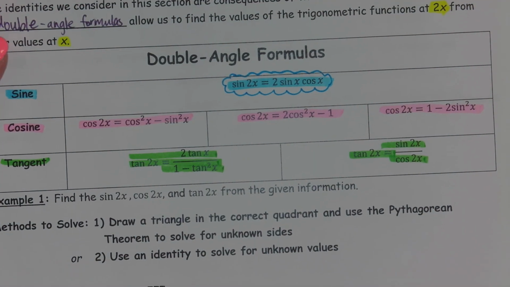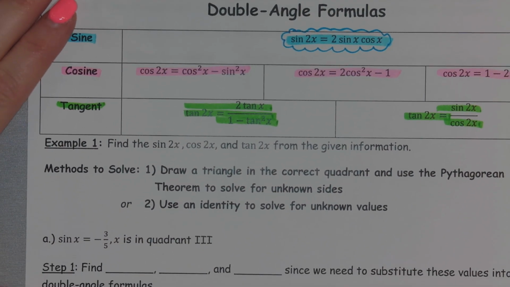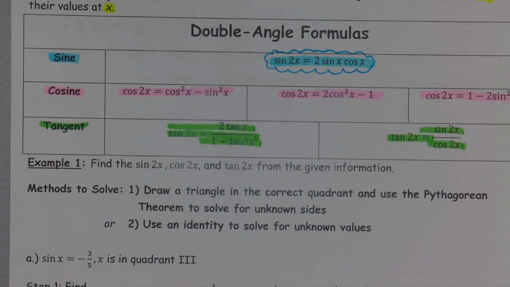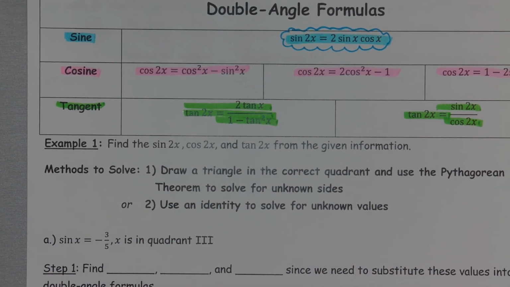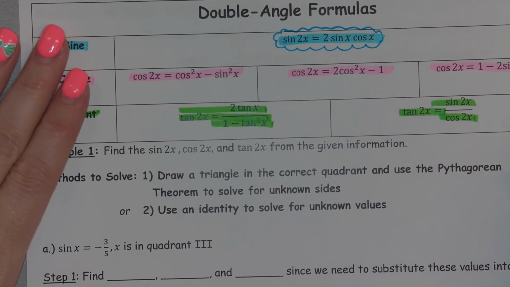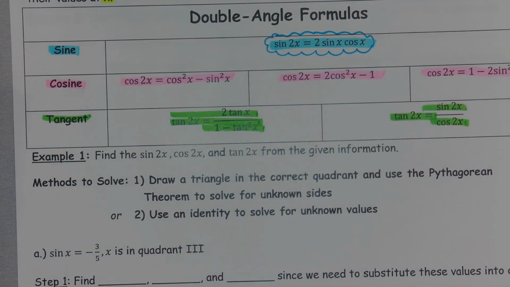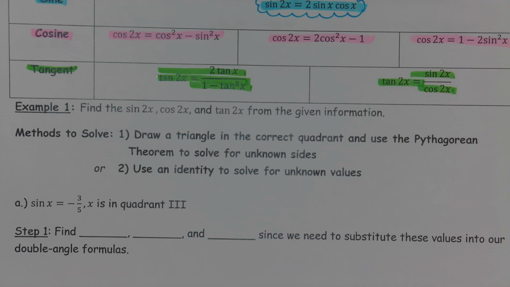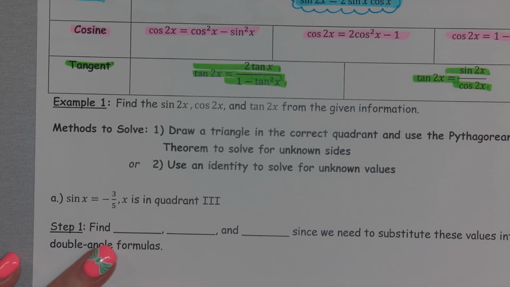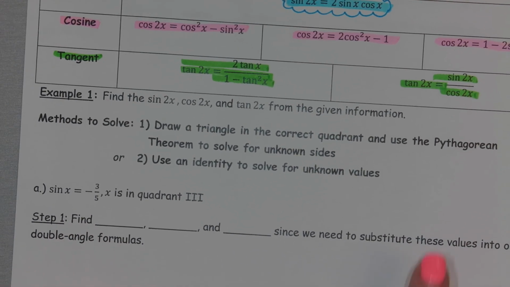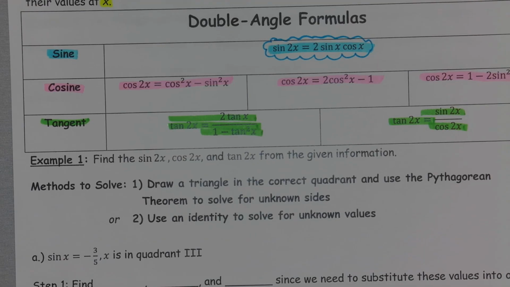All right, so we're gonna find the double angles from the given information. So there are 2 methods you can use. I'm gonna show you both methods on part A, and then I'm gonna let you choose when you're doing this on your own. Okay, so you can draw a triangle in the quadrant, and then you can use the Pythagorean theorem to solve for unknown sides.